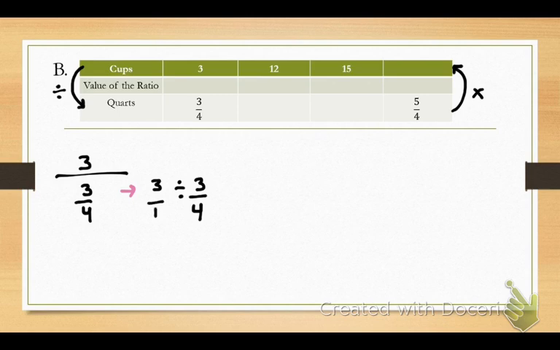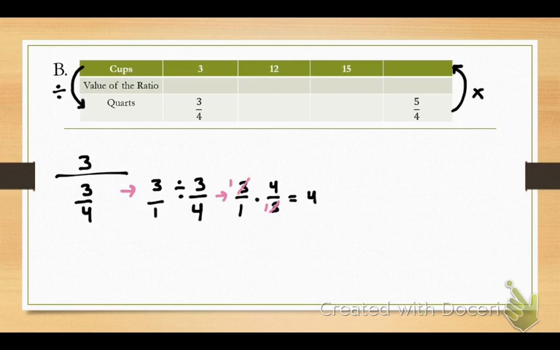Over a 1. Okay? Am I allowed to divide fractions? No, so we've got to use KFC. What would this be when I do KFC? 3 over 1 multiplied by 4 over 3. Excellent. Is there anything I can cross reduce? Yes. Which ones? Okay, so what does my answer become? 4 over 1, which is just 4.